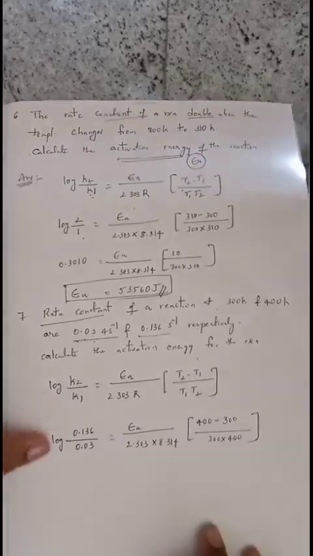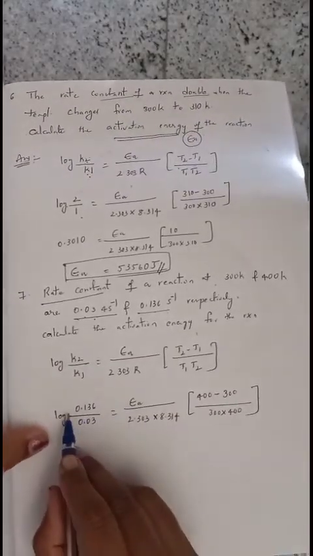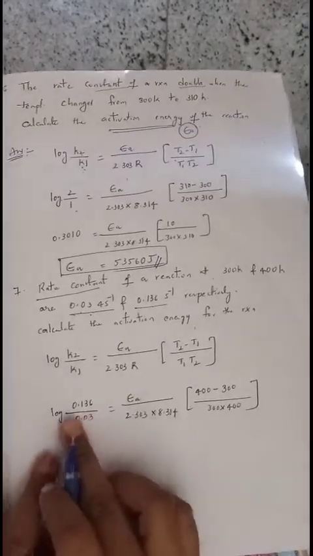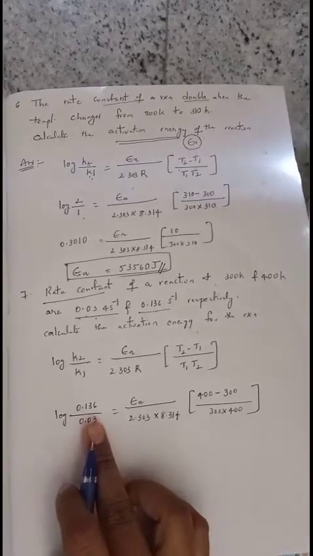Like this we can find it. Now we want to find out log of 0.136 divided by 0.034. Here 4 digits are there, need not worry.